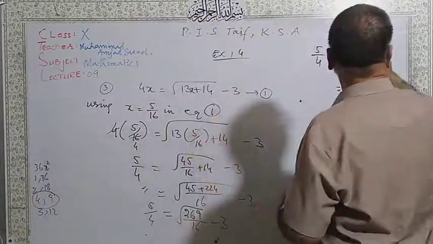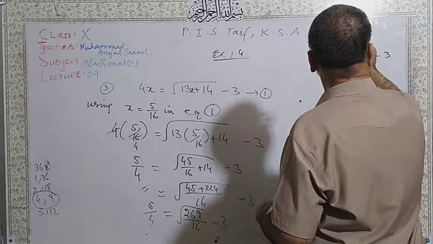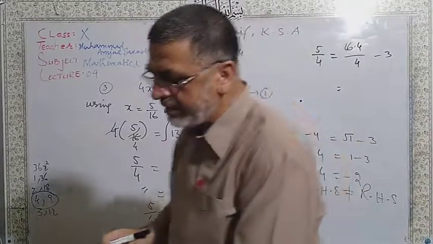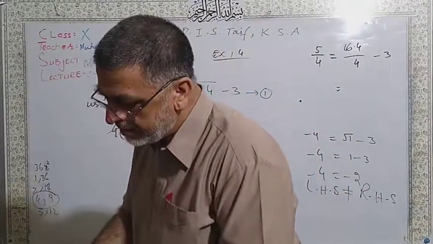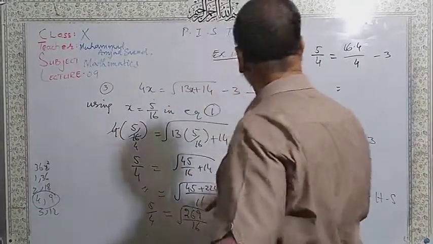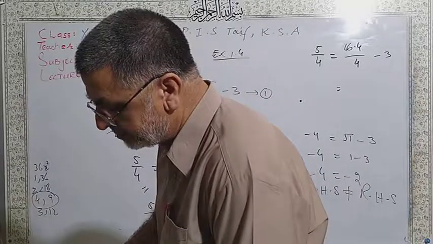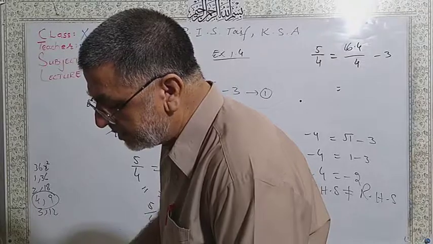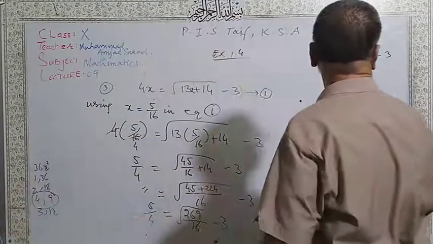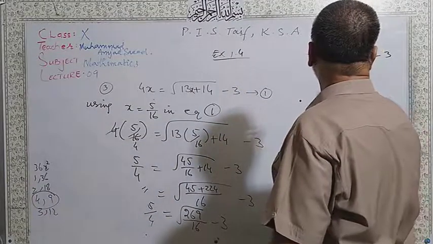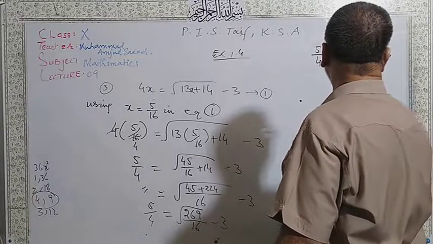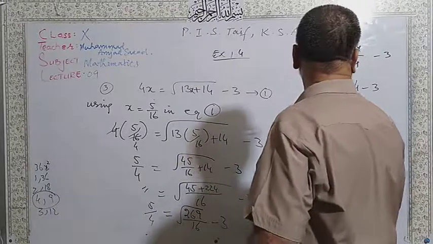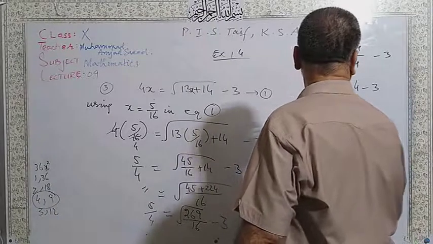The square root of 16 is 4, so that will be divided by 4. You are getting this: approximately 4 minus 3, that is 1, and 5 over 4 is approximately 1. So 1 is equal to 1, left hand side is equal to right hand side.